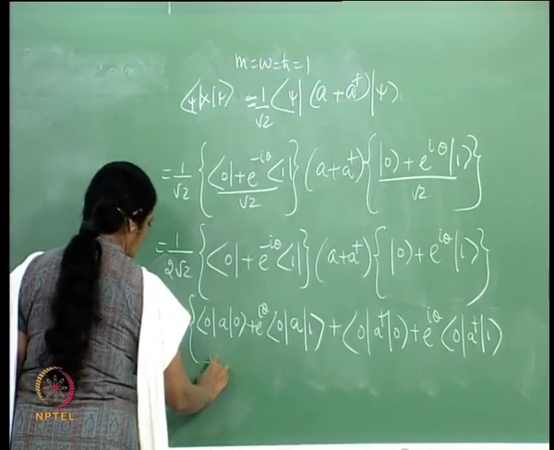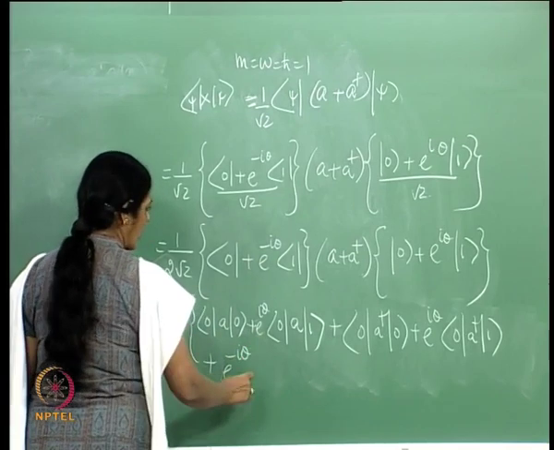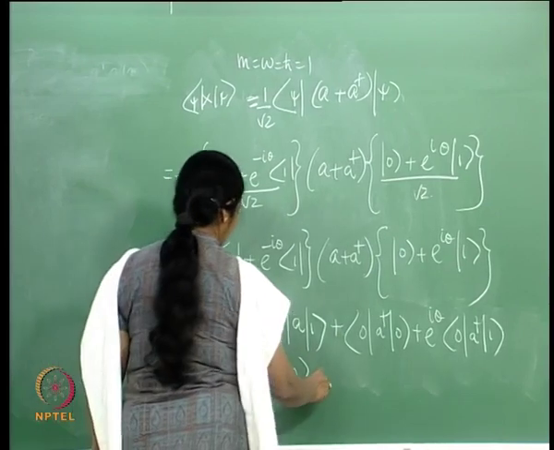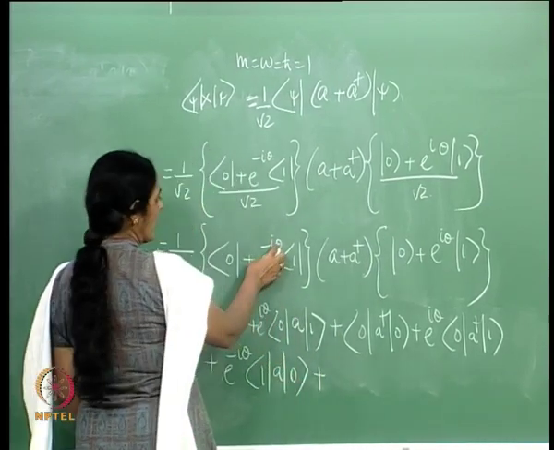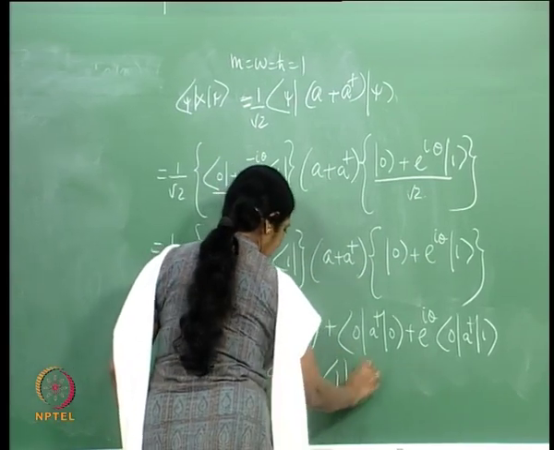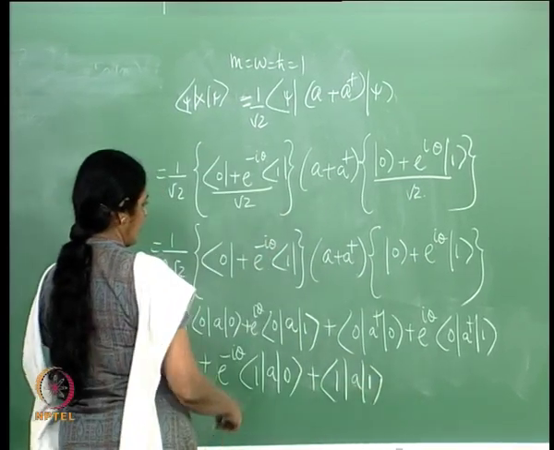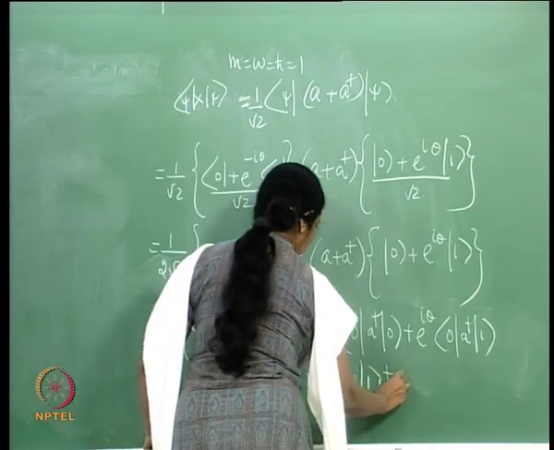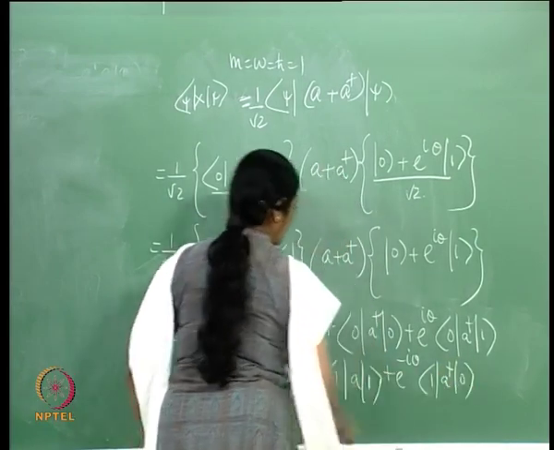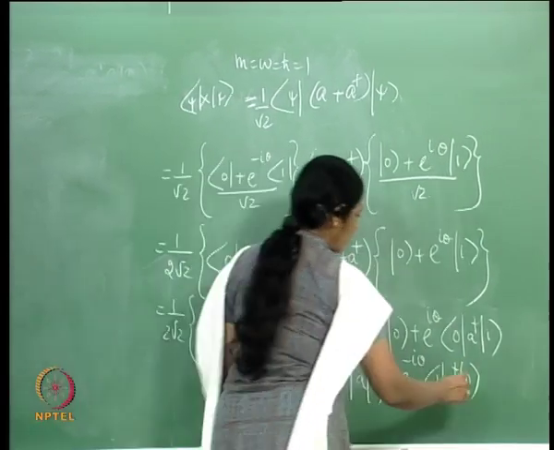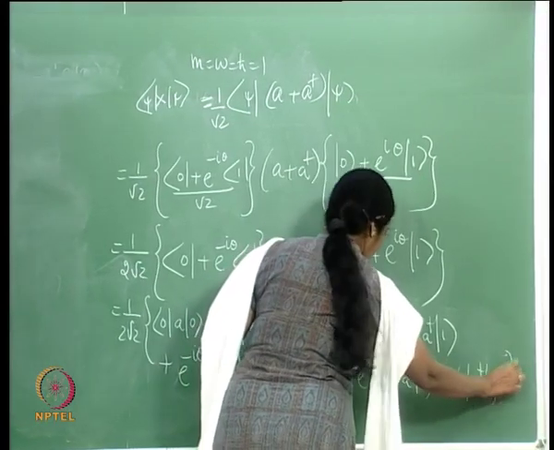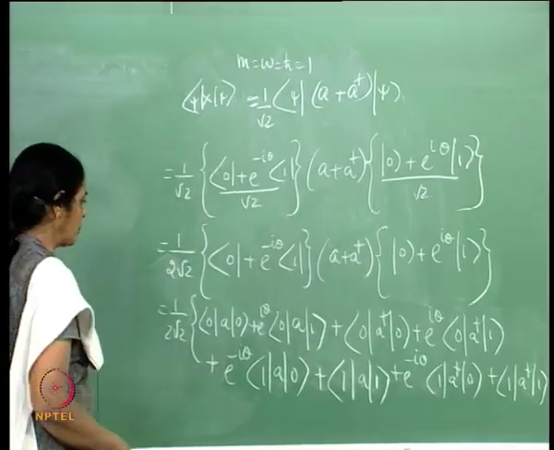Now, I move to the second term here. So, that gives me plus e to the minus i theta <1|a|0>. There is an e to the minus i theta times e to the i theta. So, I just have <1|a|1>. I work with the dagger now. So, that gives me an e to the minus i theta <1|a dagger|0> and the last term which is simply <1|a dagger|1>. This is what I need to compute.